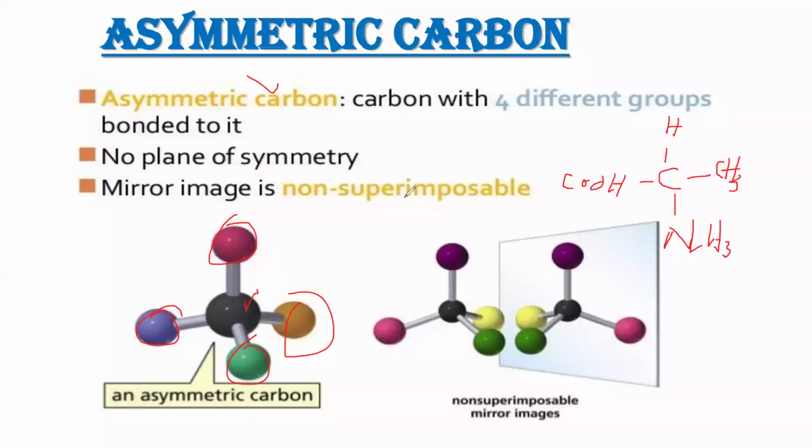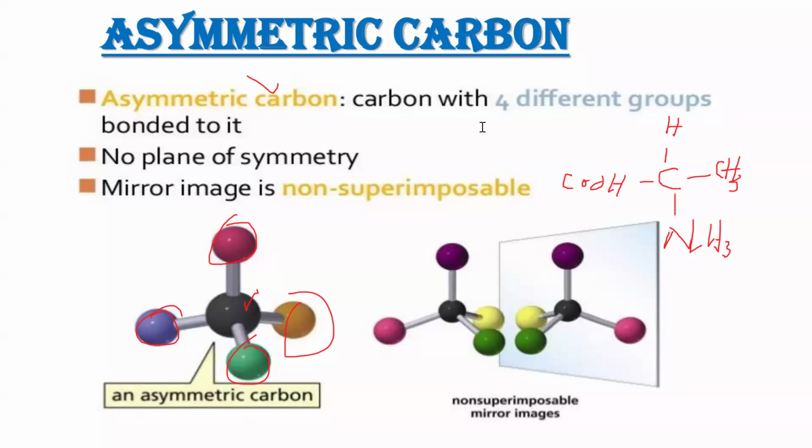Like for example, if you look at your hand, your left hand is the mirror image of your right hand. So that is how this asymmetric carbon looks. They have mirror image and they cannot be superimposed.